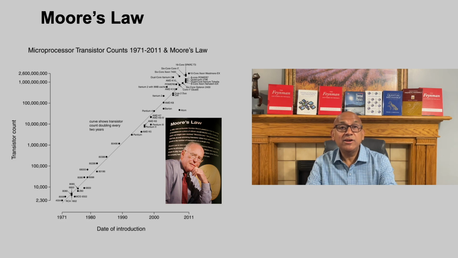This exceptional increase has been the driving force behind the rapid growth of computing power over the past 5 decades. Moore's law has not just been a prediction, it has acted as a roadmap for the semiconductor industry, pushing engineers to continuously shrink device sizes, improve manufacturing, and pack more functionality into each generation of chips.